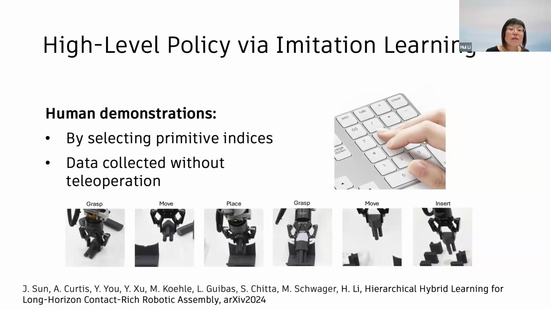What's cool about it is that human demonstration is very easy for this high-level policy, because we just select the primitive indices during the demonstration, and the underlying policy is already pre-trained. So data is collected without teleoperation. And we have some example primitives or skills shown on the bottom.